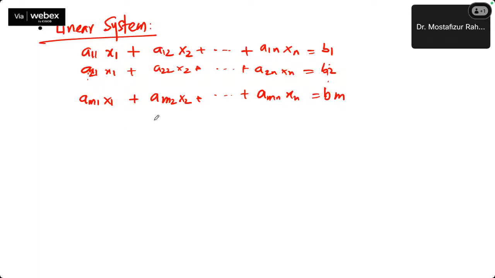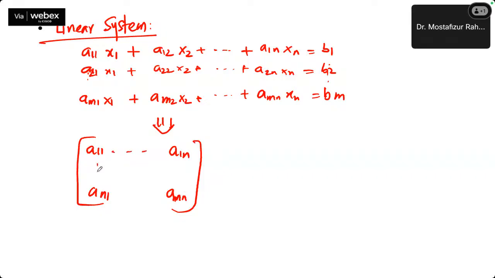If you break this equation up in this way, it is easier to look at: a11 up to a1n, down to am1 up to amn.